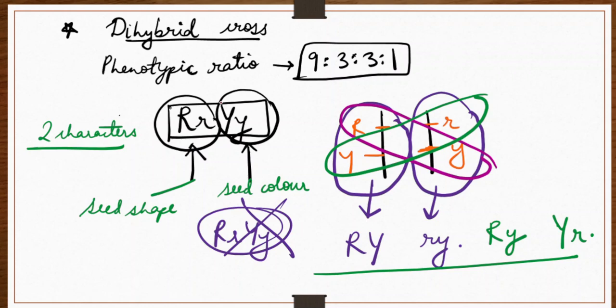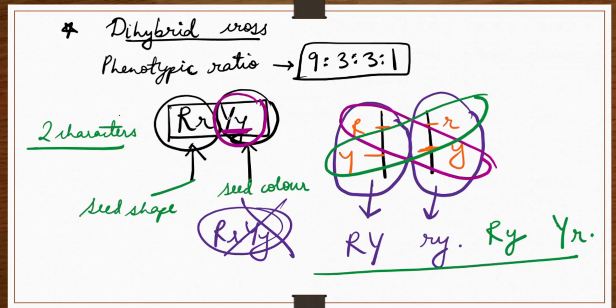And even capital Y, small y also separated independently. There was no dependence among anybody in this case. So each pair separated independently.